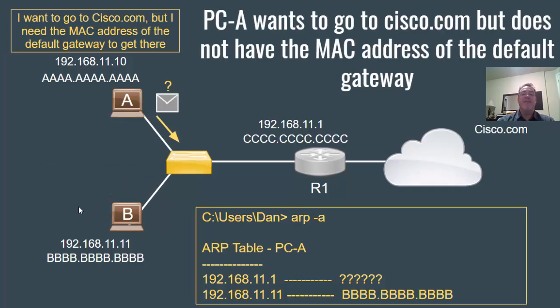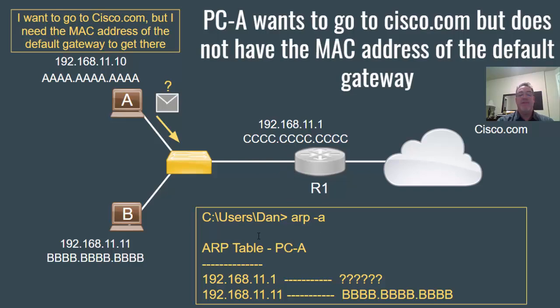Now let's see what happens when PCA wants to reach Cisco.com on the internet. So PCA now wants to communicate onto the internet and go to the Cisco.com website. I want to go to Cisco.com, but I need the MAC address of the default gateway to get there. To get to an unknown network on the internet, you have to go through the default gateway, which means you need the MAC address of the default gateway.